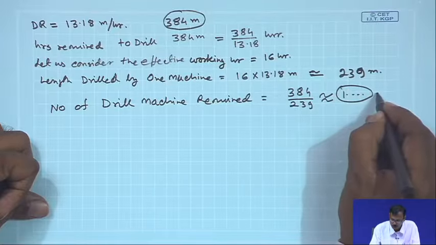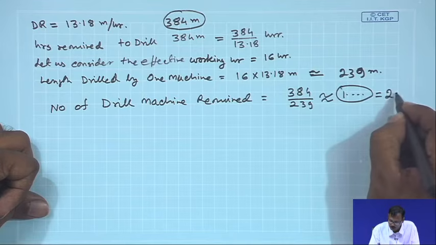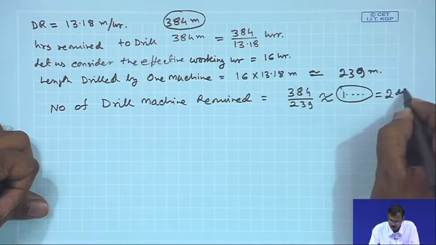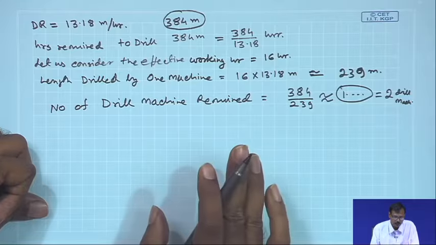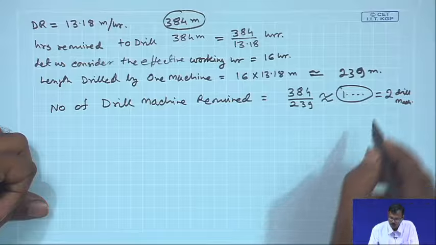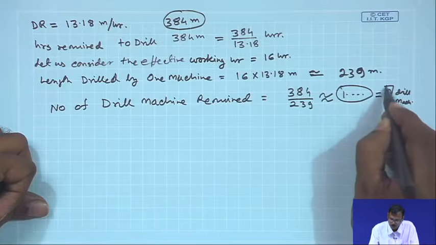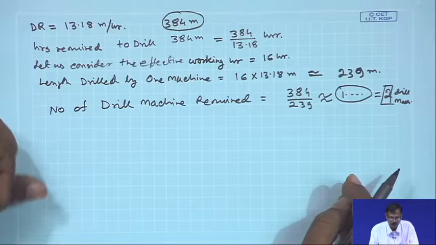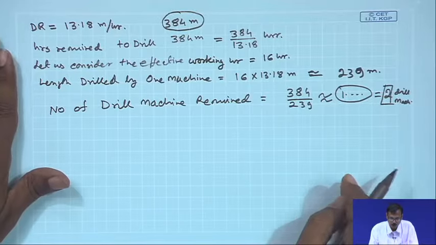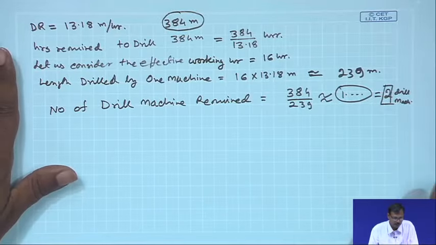That means we need 2 drill machines. So to drill 32 holes, we need to deploy 2 drill machines in this case, then only we can get 32 drilled holes for carrying out our blasting.